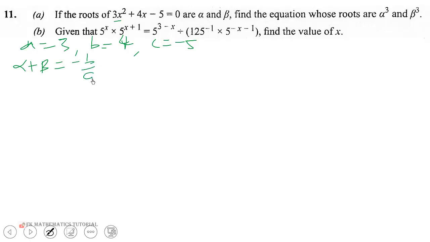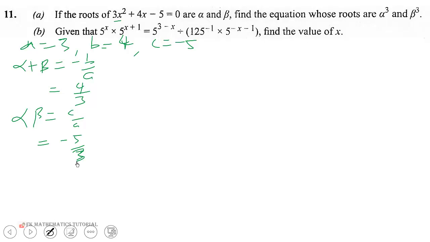So minus b over a will be -4/3. Then the product of roots, alpha beta, is c over a. So c over a will be -5/3. Now we are supposed to find the equation whose roots are alpha cube and beta cube.